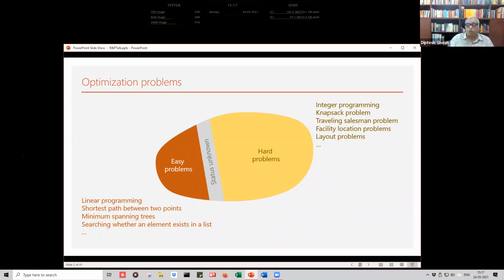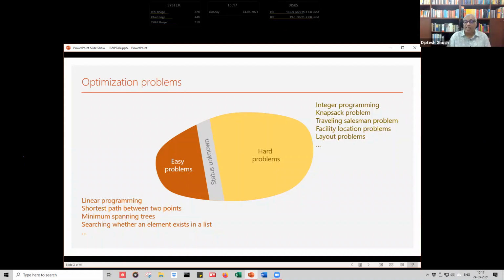Those are extremely good software, and for mid-sized problems, they can give you an optimal solution pretty fast. However, if your problems become very large, then sometimes the amount of time required by, say, Cplex or Gurobi itself is very large.